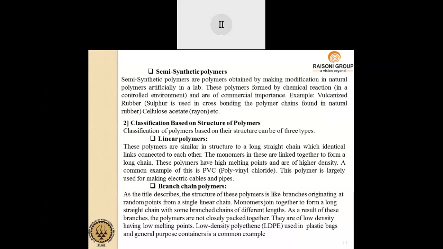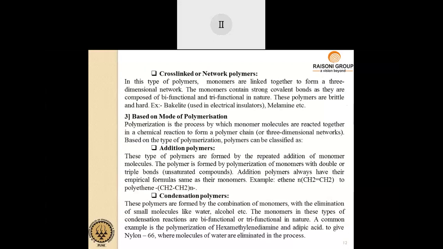Polymers can again be classified based on structure, and there is another type which is cross-linked or network polymers. In this type of polymer, monomers are linked together to form a three-dimensional network. Firstly we have a linear single chain polymer, then a branched chain polymer where from a linear chain we get different branches of different lengths which are not interconnected. But in cross-linked or network polymers, monomers are linked together to form a three-dimensional network.